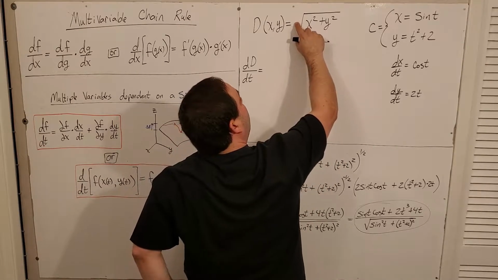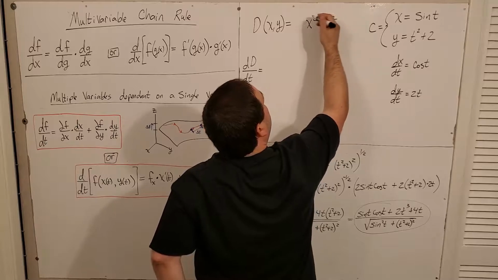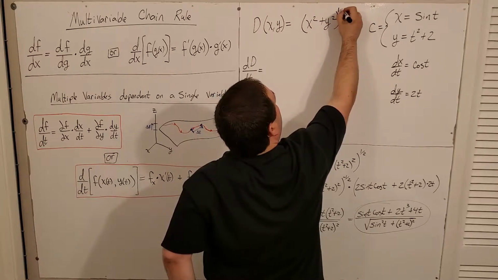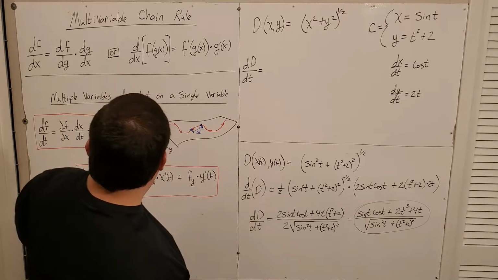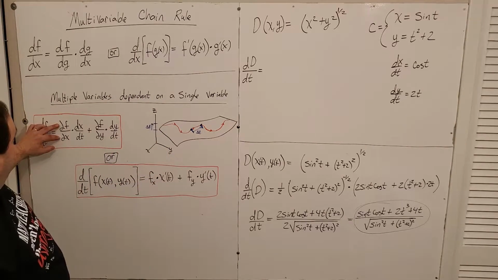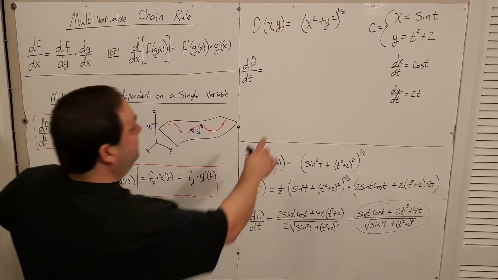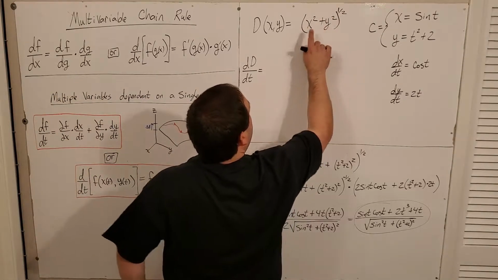So let me go ahead and rewrite this. This is going to be to the 1/2 power, right? And then I'm going to start with the partial derivative with respect to x. So that's just this.